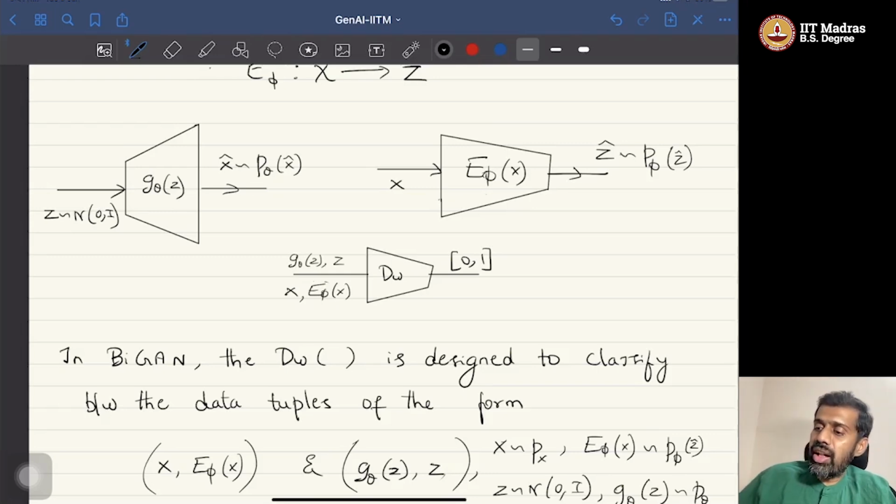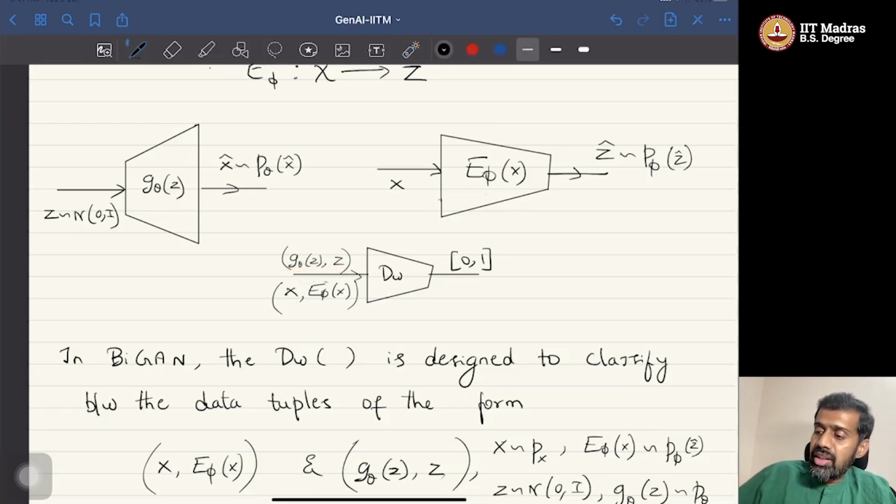If we have a structure like this where we modify our discriminator such that instead of taking data points from the true data distribution and the generated data distribution, it takes tuples of data, with one point from the true data distribution and the encoded input space, and the other from the generated data and the true input space, then the discriminator has to discriminate between those two pair distributions.